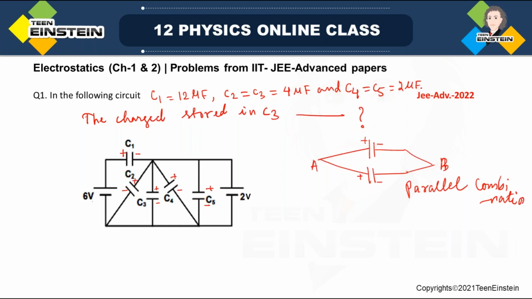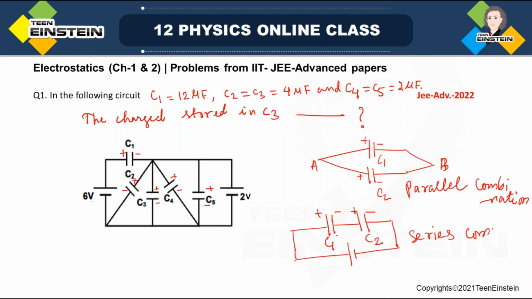This is parallel combination. And when two capacitors are connected in such a way that the negative plate of one is connected to the positive plate of the other, with the battery connected like this, they are connected in series. This is series combination. In this way we'll try to analyze here also.